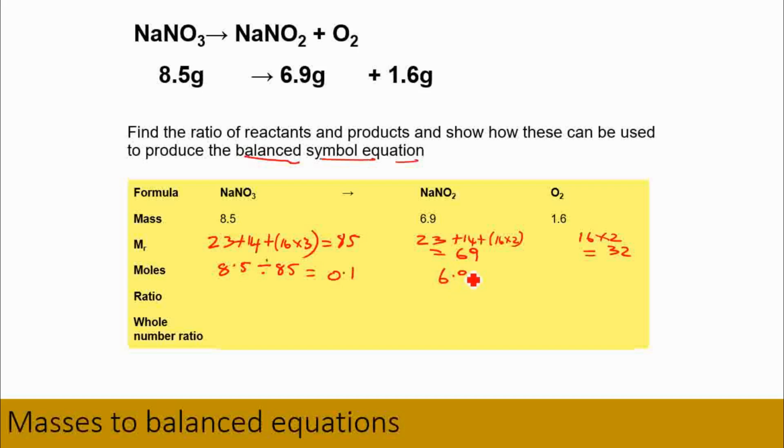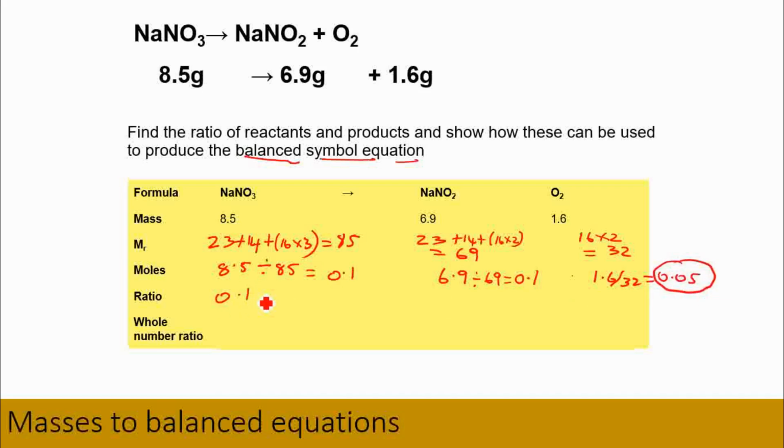Now to work out the moles, it is mass 8.5 divided by 85, which gives me 0.1. Then 6.9 divided by 69, which gives me 0.1. And then 1.6 divided by 32, which gives me 0.05. Now for the ratio, we divide through by our smallest number.